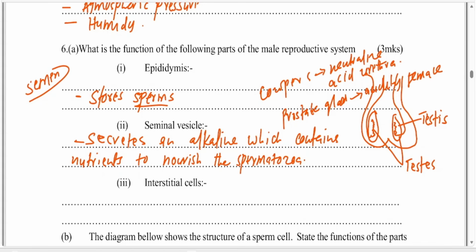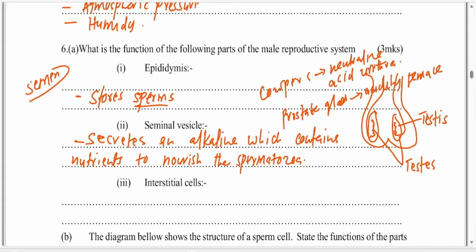Another part is the interstitial cells. Interstitial cells are also found within the testes, and these cells are there to produce the male sex hormone, testosterone. So there are special units of cells that produce the male sex hormone, testosterone, which stimulates the production and the development of male secondary characteristics.